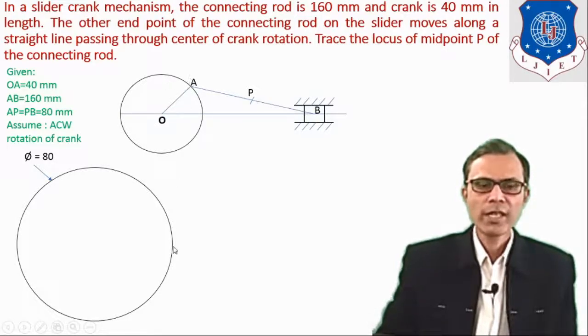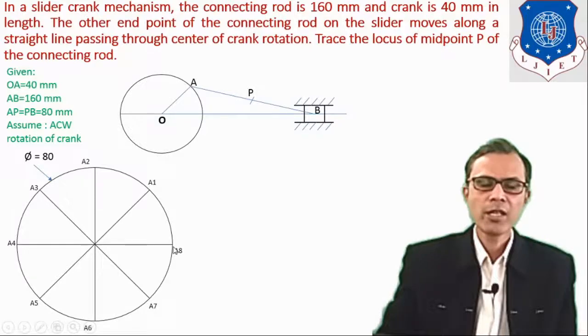So for that, we divide the circle into 8 equal parts and write down the different positions of this crank as A1, A2, A3, A4, A5, A6, A7 and A8. These are the different positions of the crank, and we have assumed that it is rotating in anti-clockwise direction, so all the notations are written in anti-clockwise direction.